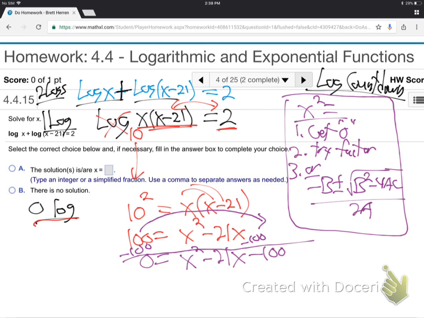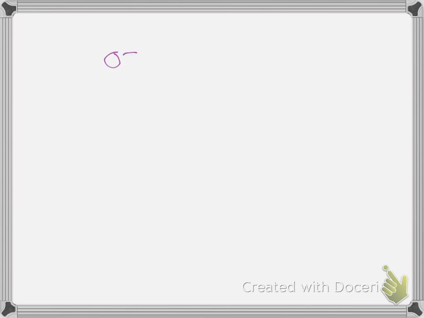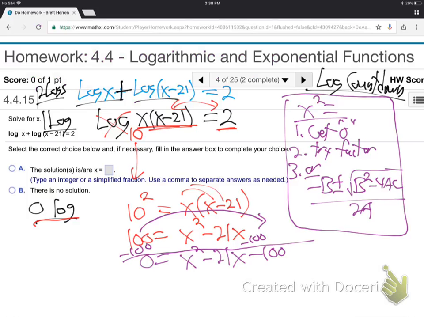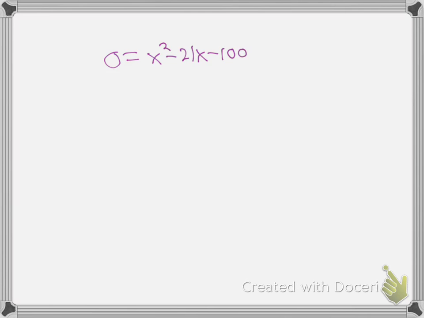Now, you can try to factor that. Some people are really good at factoring. If you're good at factoring, great. You can do that. I think I'm going to just... Was it minus 21x minus 100? Did I do that right? Yeah. So I'm just going to do the quad. Do you remember the quad? Negative b plus or minus the square root of b squared minus 4ac all over 2a.